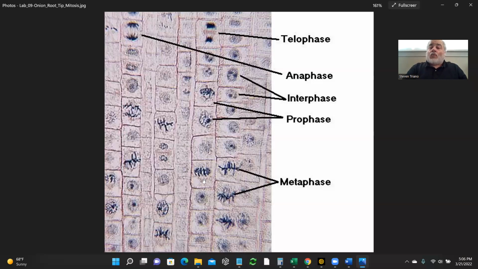Now, the nice thing about root tip mitosis is the cells tend to line up in this rapidly growing region of the zone of elongation. They tend to line up very well for the picture of the camera photo, the snapshot in the microscope.